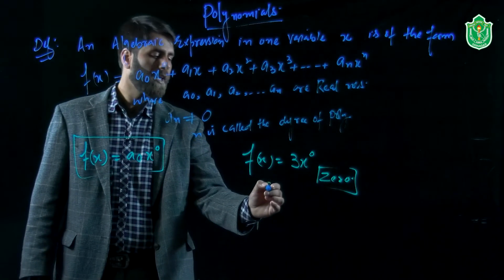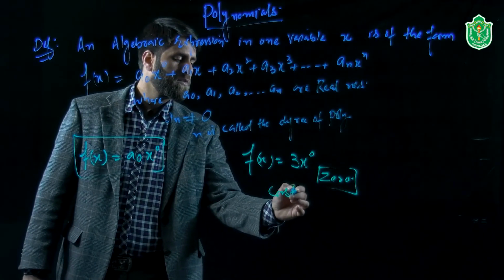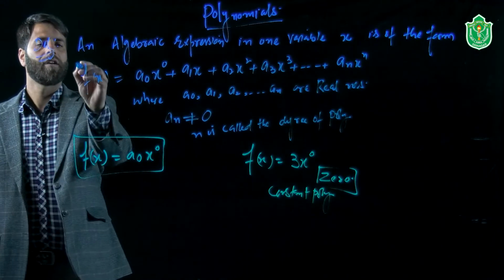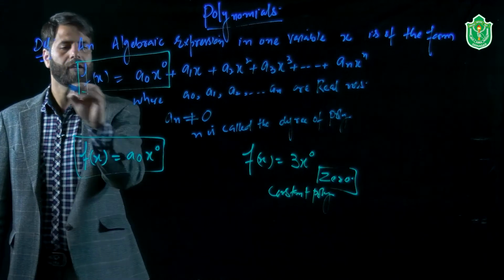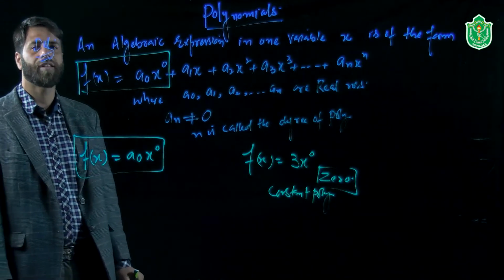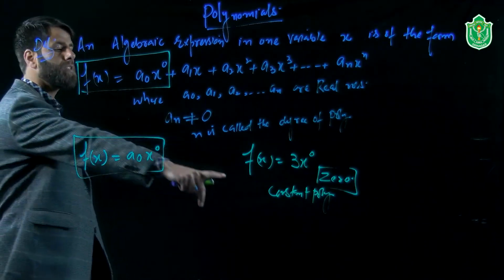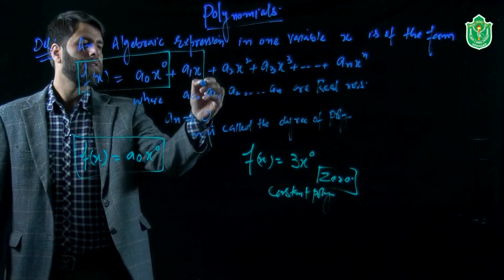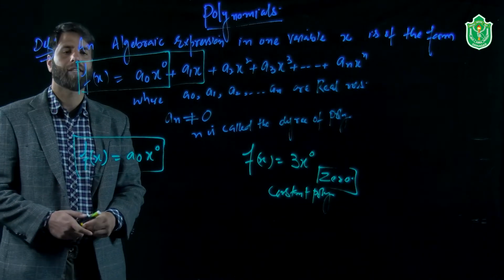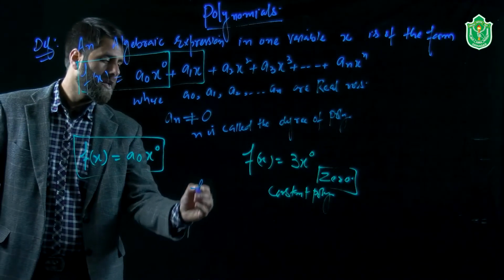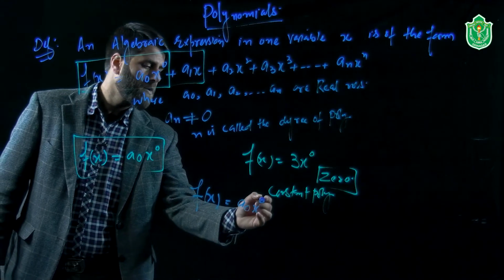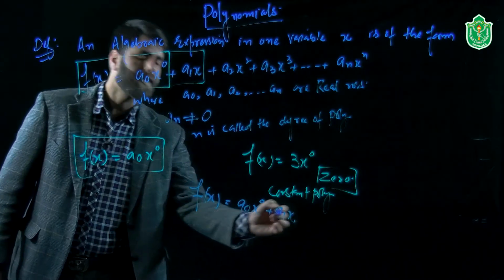Therefore, it is called a constant polynomial. This is the first thing: f of x is equal to a naught x raised to power 0 gives us a constant polynomial. Second, if we move up, f of x is equal to a naught plus a1x.